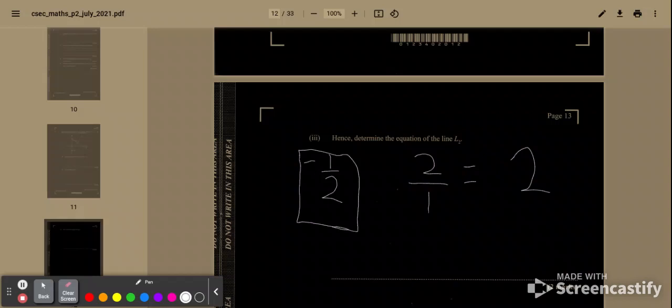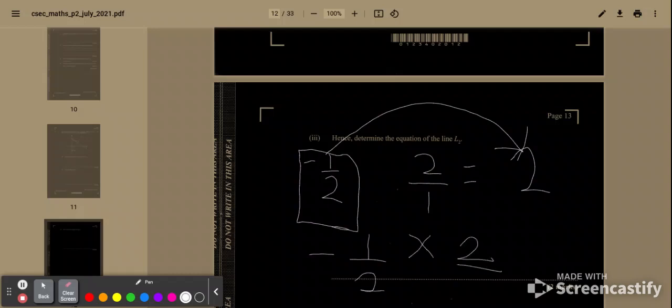The gradient of line 1 is negative a half, so therefore it will be positive 2, because it will be the opposite. As proof, let's see if when we multiply these gradients together, we get -1. Negative a half times 2 over 1 would give us -2 over 2, which is equal to -1. Therefore, that means 2 is our gradient for line 2.